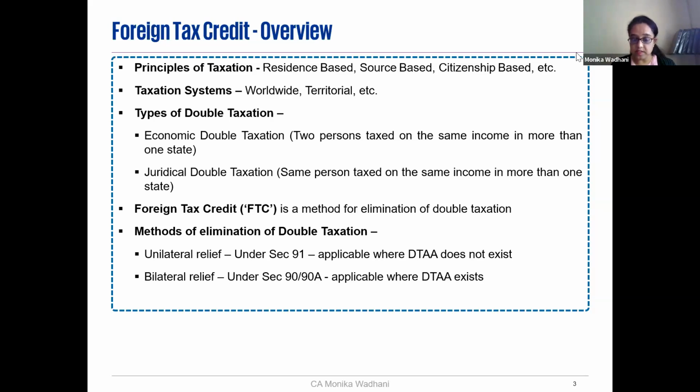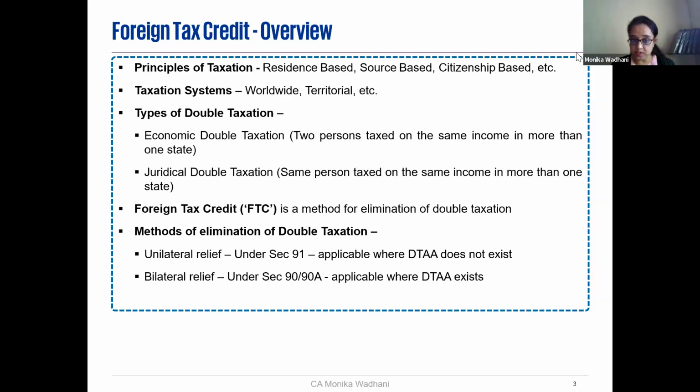We often see most double taxation in the form of juridical double taxation, and most of the treaties which deal with foreign tax credit also deal with juridical double taxation. So foreign tax credit is a method for elimination of double taxation. There are various methods provided for FTC.